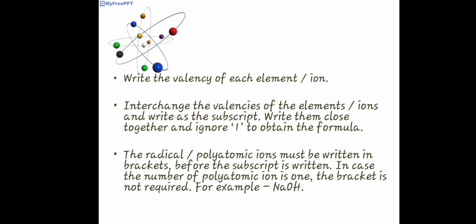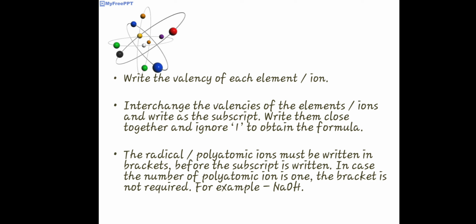Next, the radical polyatomic ions must be written in brackets before the subscript is written. In case the number of polyatomic ion is 1, the bracket is not required. For example, with sodium, we have NaOH here. It is not necessary to put the bracket because the subscript of sodium, oxygen and hydrogen is 1.